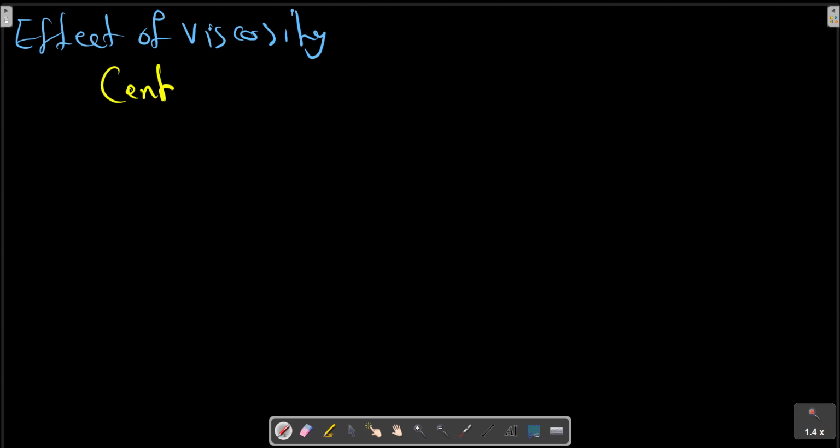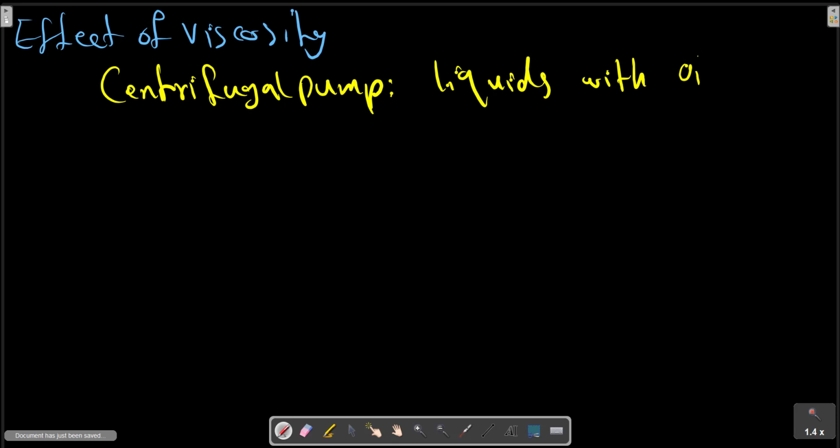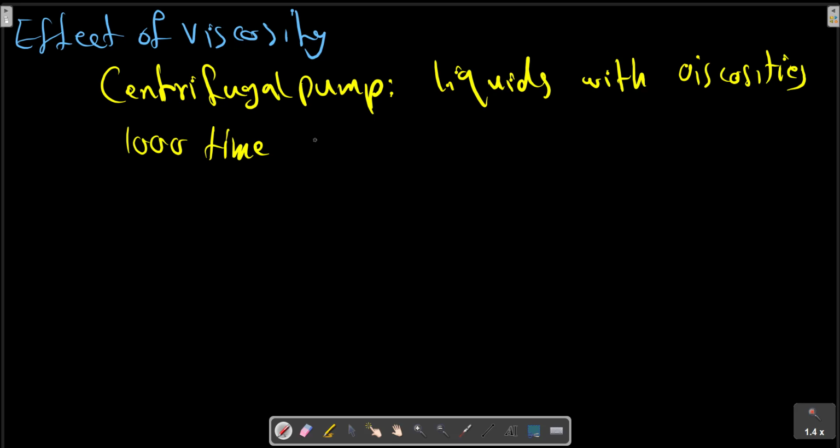The viscosity also affects the performance. Centrifugal pumps are often used to pump oil and other viscous liquids up to 100 times the viscosity of water.